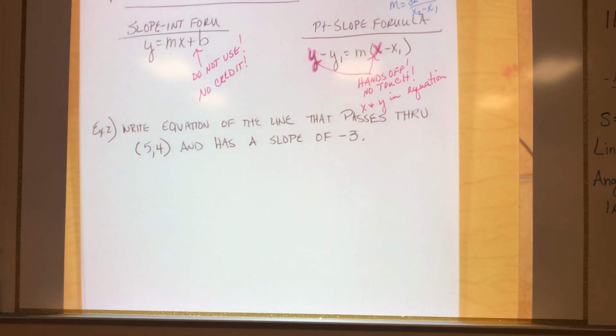Okay? Write the equation of the line that passes through 5, 4, and has a slope of -3.